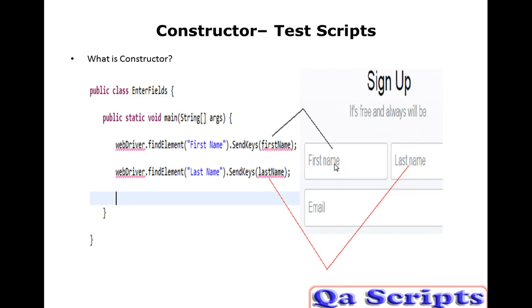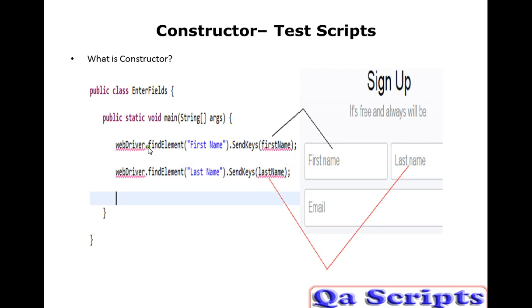What I want to do is enter data inside this first name, last name and email ID. To do that, I have one simple test script called enter fields. Inside the main method of that script, I am using WebDriver to enter first name and last name.